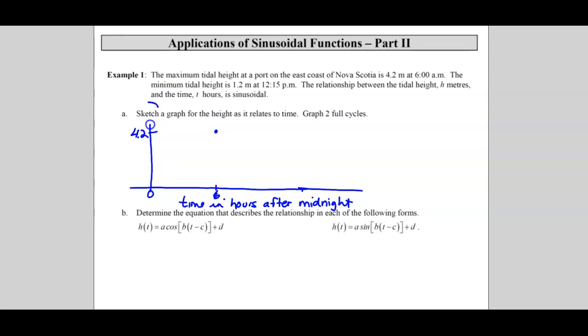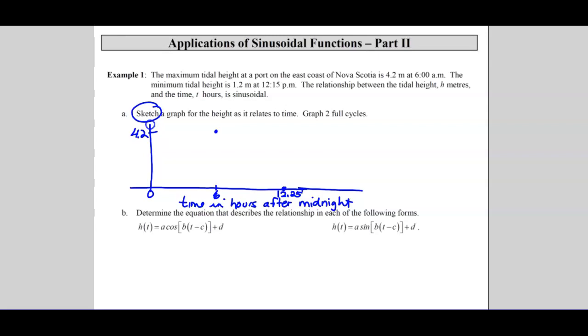Okay, remember this is a sketch, it's not exact. Then 12:15 p.m., so 6 more than that. You can estimate about the same and a little bit to the right of that. Now 12:15, how many hours is that? That's 12.25 hours after midnight. Because if you're going to do an equation, a regression, you can't put 12:15 into your calculator.